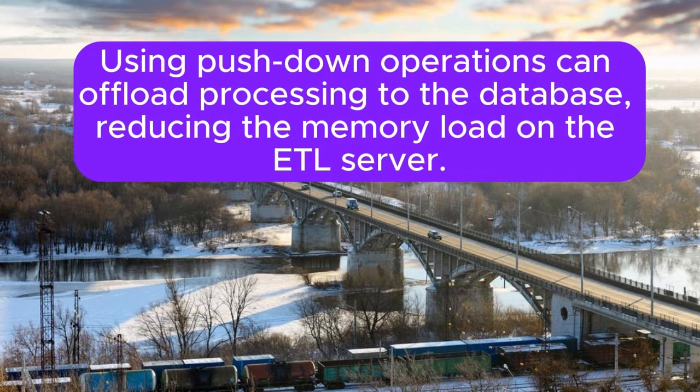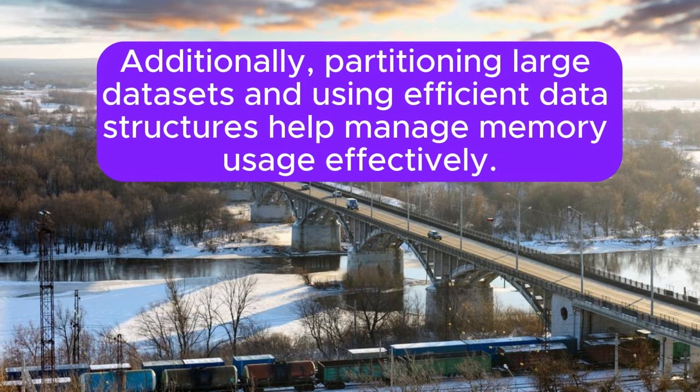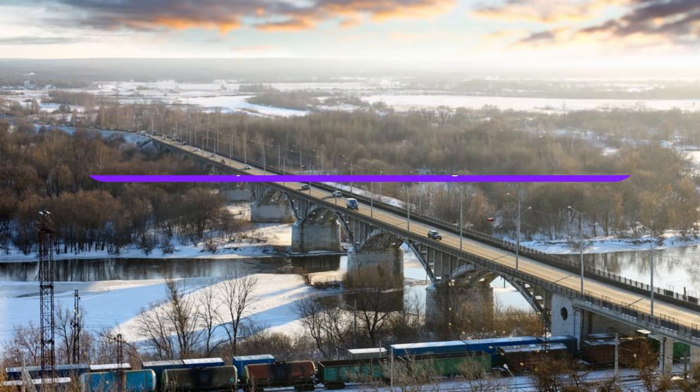Using push-down operations can offload processing to the database, reducing the memory load on the ETL server. Additionally, partitioning large datasets and using efficient data structures help manage memory usage effectively. Regularly monitoring and adjusting memory settings based on job performance and system capacity ensures optimal memory utilization.